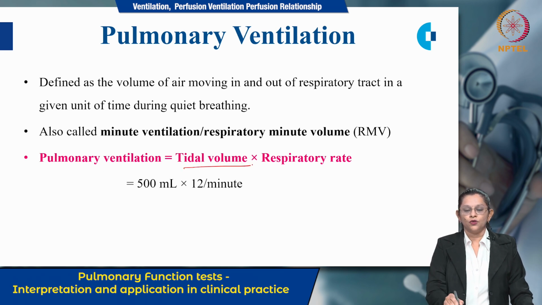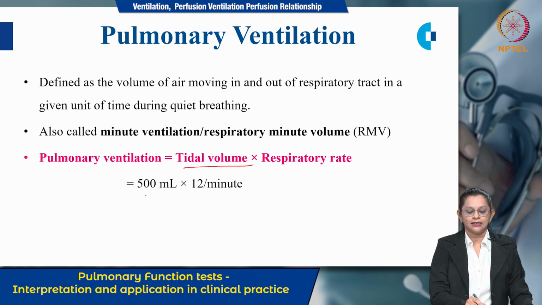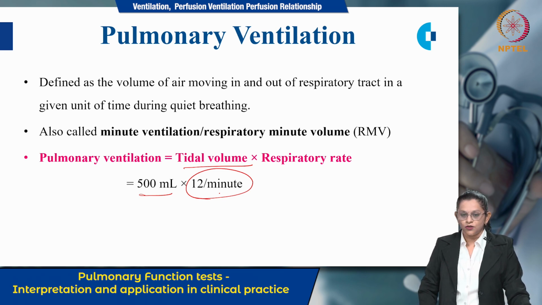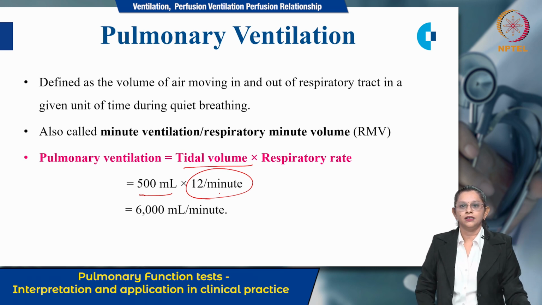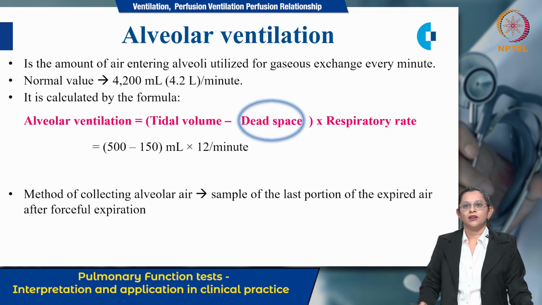The tidal volume is the amount of air that goes in and out of the lung per breath during quiet breathing, and it is 500 ml. The respiratory rate for a normal average person is 12 per minute. So, when you multiply both, the pulmonary ventilation is around 6000 ml per minute, or 6 liters per minute.